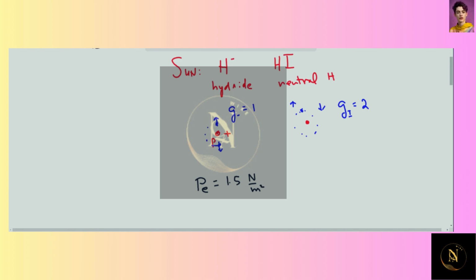And we can then determine the number density is 1.5 over the Boltzmann constant, 1.38 times 10 to the minus 23 joules per Kelvin, and then we have the temperature in Kelvin, 5780.